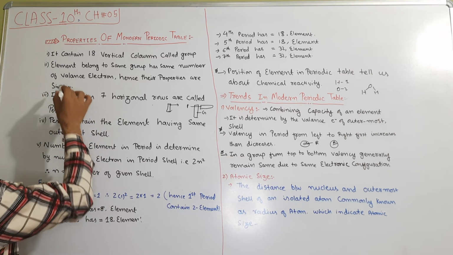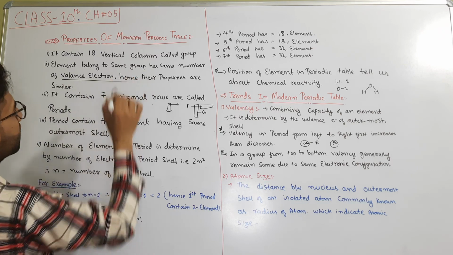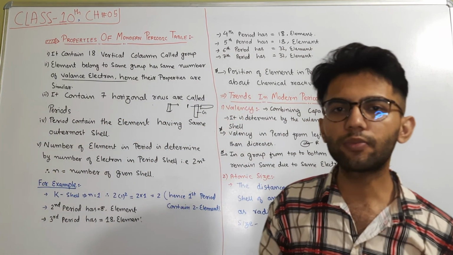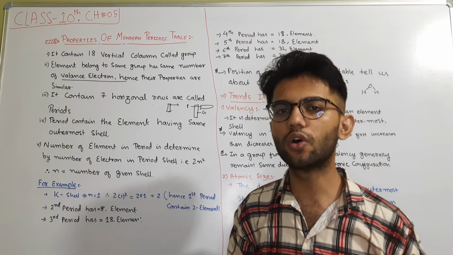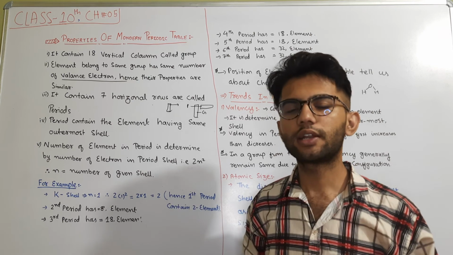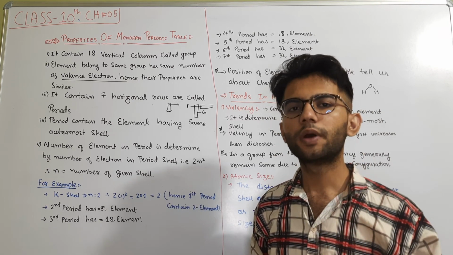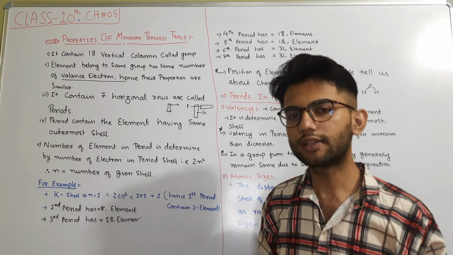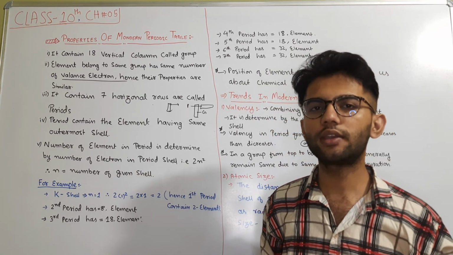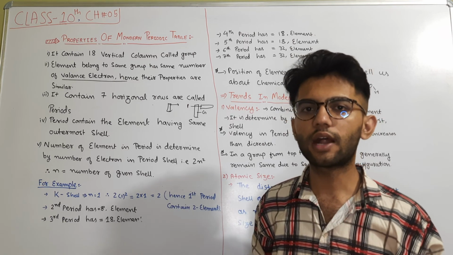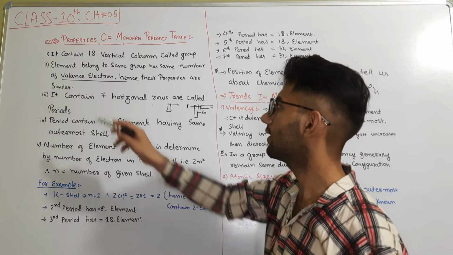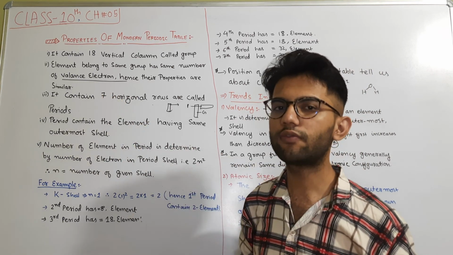The answer is valence electrons, because the atoms of elements present in the same group have the same number of valence electrons, which is why the elements in one group have the same type of properties, either chemical or physical. The reason behind the similarities is that they all have the same valence electrons.